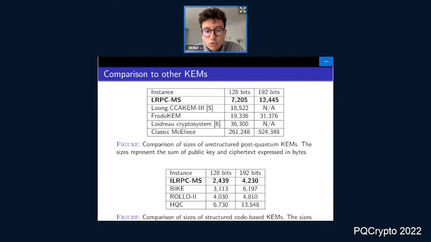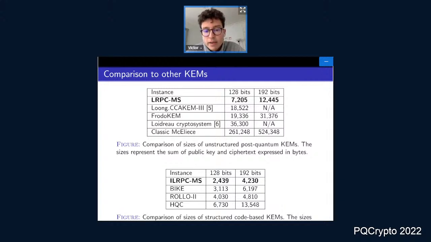And so if we compare to existing attempts on KEMs, here I present two comparison tables. The first one on the top of the slide is a comparison between unstructured post-quantum key encapsulation mechanisms, and we can see here that we are top performing in that category.